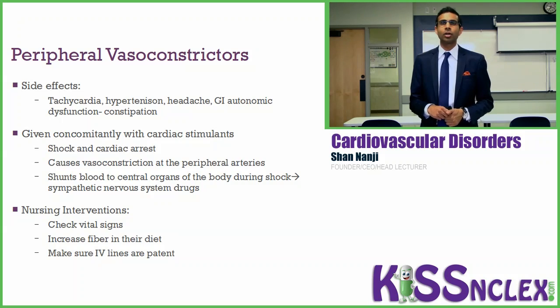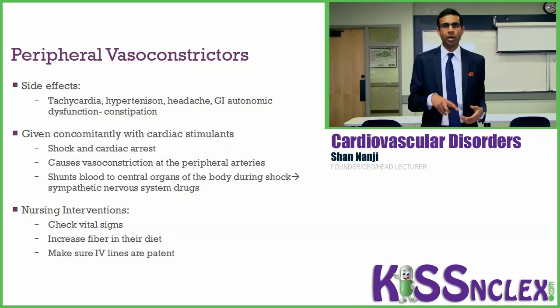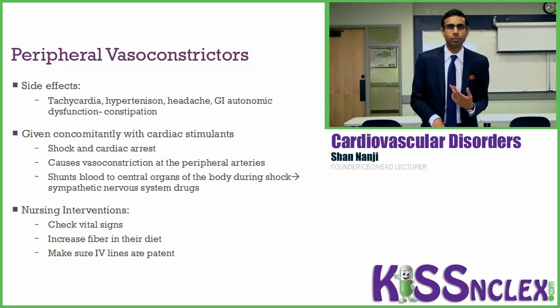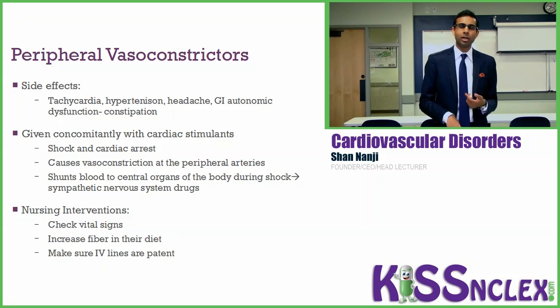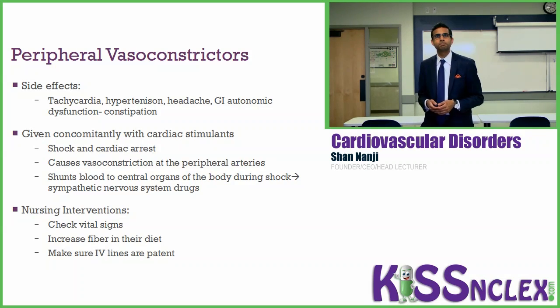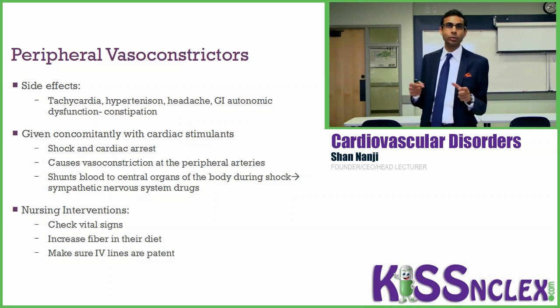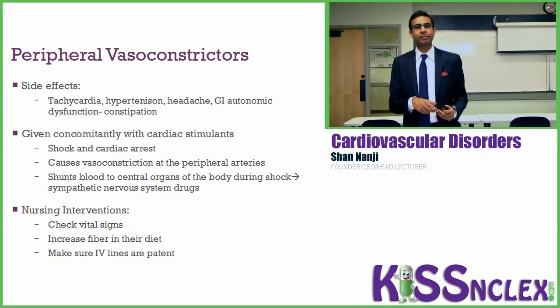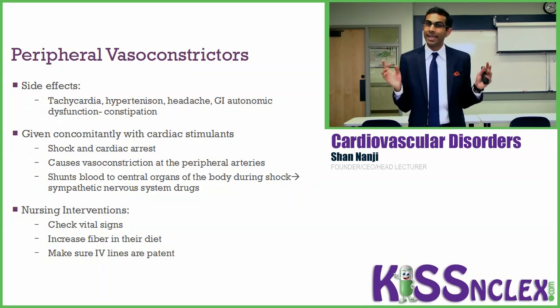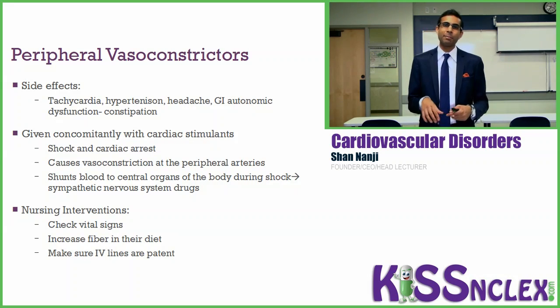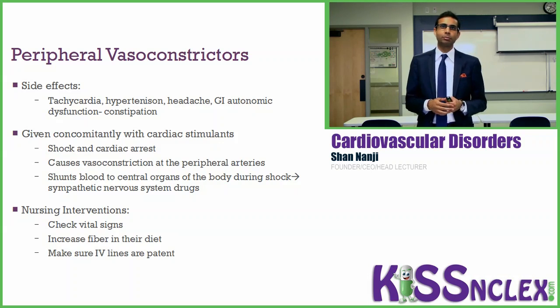Common meds that are used as peripheral vasodilators are your alpha blockers and your calcium channel blockers. Well, in addition to peripheral vasodilators, we also have peripheral vasoconstrictors. So what is that going to do? Well, you're going to vasoconstrict now, and this can lead to tachycardia also, as well as hypertension, because now you're tightening too much and raising blood pressure.